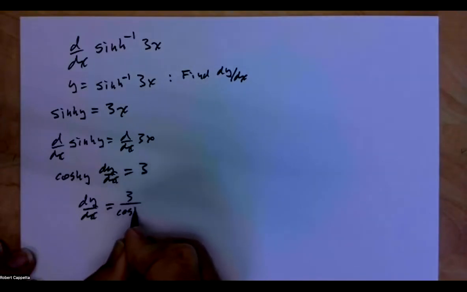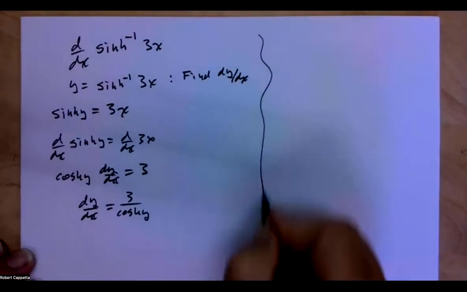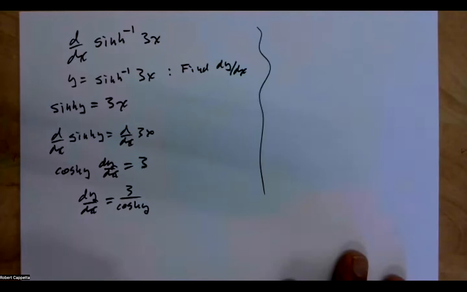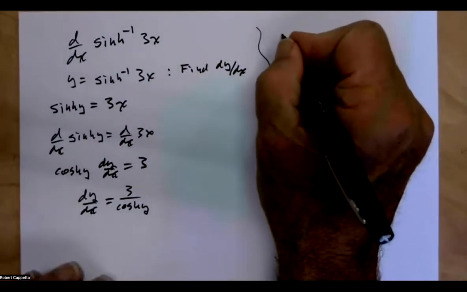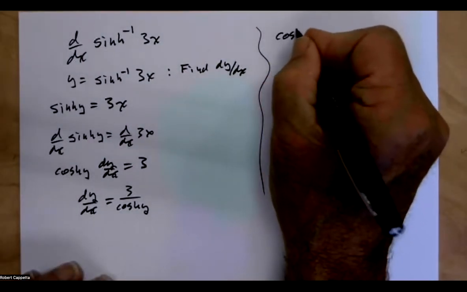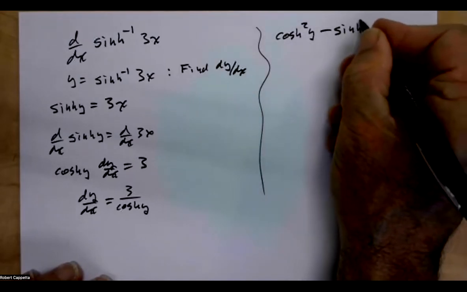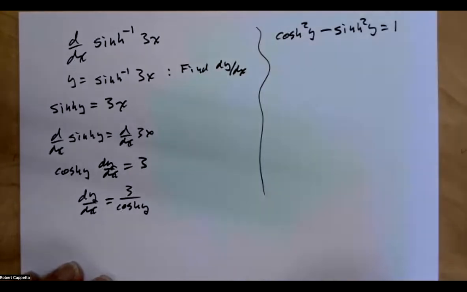But again, we're not finished because I need my answer to be in terms of x, not in terms of y. So my fundamental identity, again, for hyperbolic trigonometry: cosh squared y minus sinh squared y equals 1.